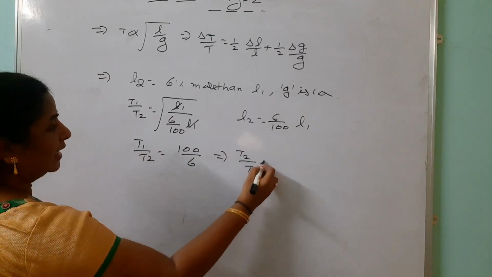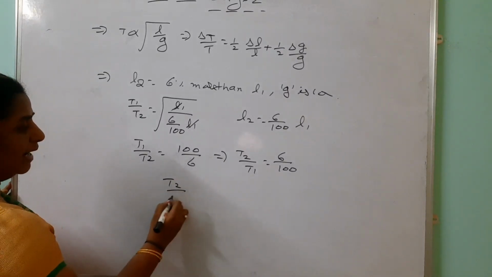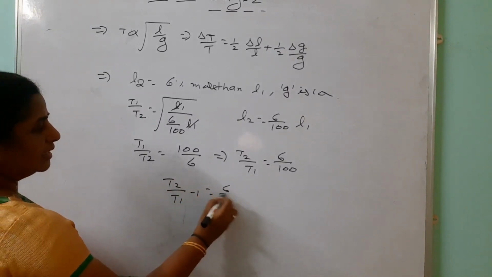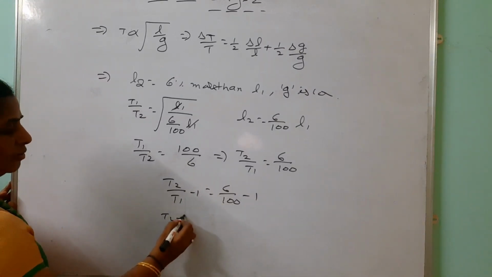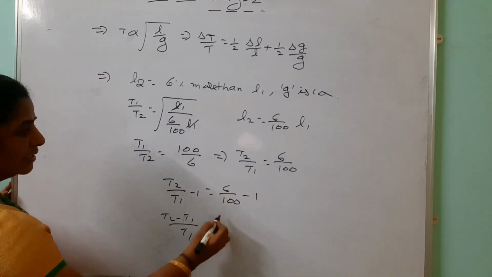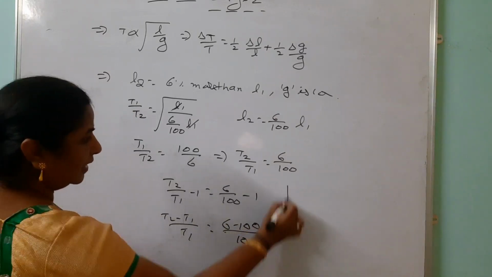After doing this, how to find out the error in time period? T2 by T1 we are writing 6 by 100. Then on both sides we take minus 1. 6 by 100 minus 1. Just I am giving the example. T2 minus T1 by T1 equals 6 minus 100 by 100. Then you can get it.